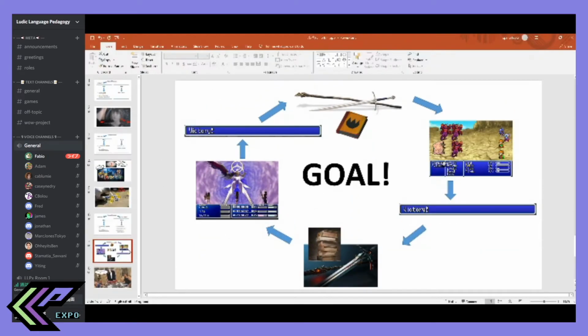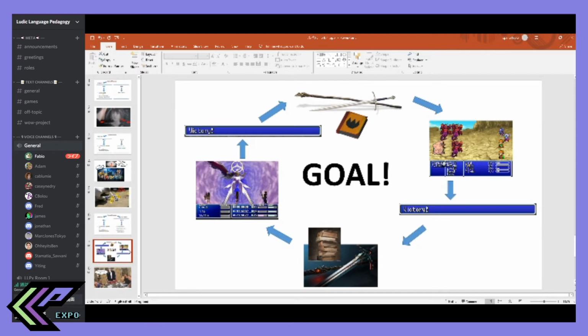The dungeon master gives knowledge, tools, and skills for the players to achieve a task. Once they achieve the task, he then gives more knowledge, more skills, and more tools in order to achieve another task. And this goes around until, in the end, the players reach the goal.